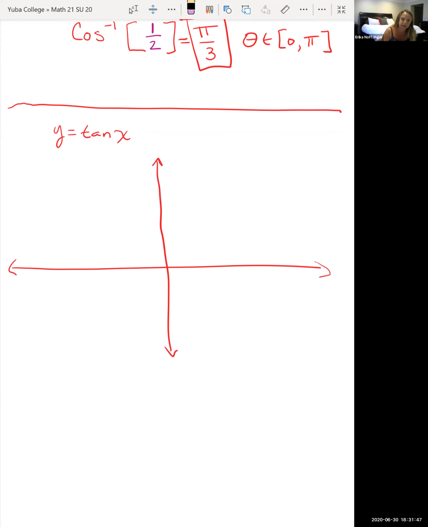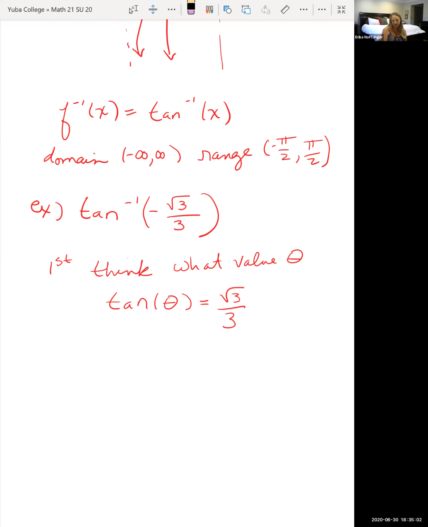First we're going to think what value of theta would give us back positive √3/3. That one has multiple 3's in it, and how I remember it is 30 degrees because it has the 3 in it. But we're in terms of radians, so 30 degrees is π/6. So theta equals π/6. This we are going to consider our reference angle.